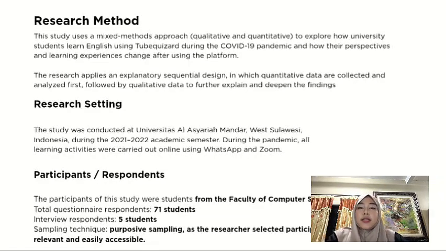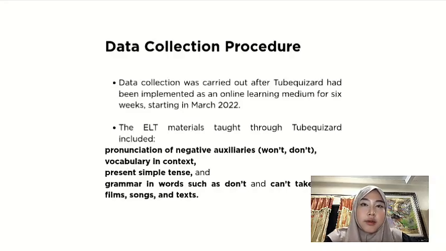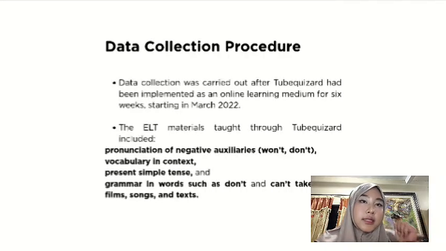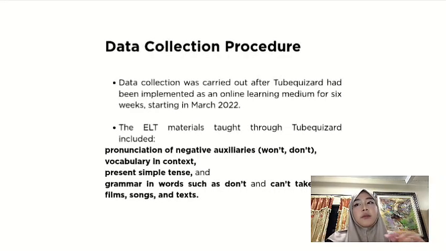Next, about the data collection procedure. Data were collected after Tubequizard had been used as an online learning medium for 6 weeks, starting in March 2022.